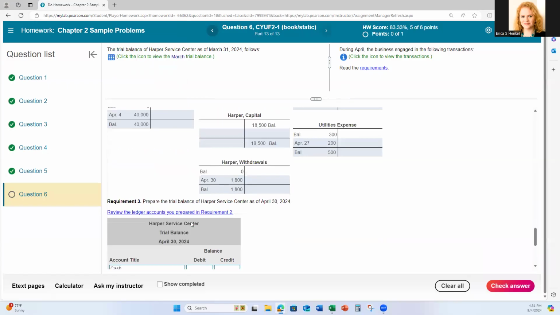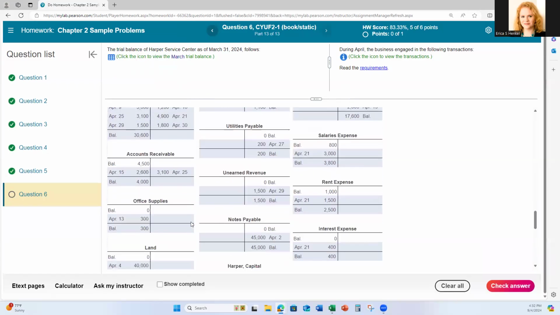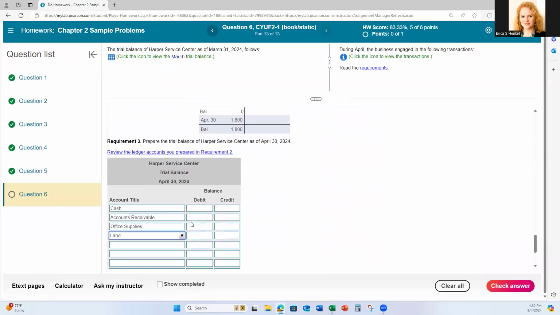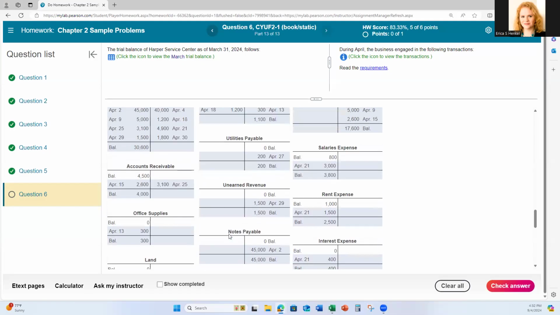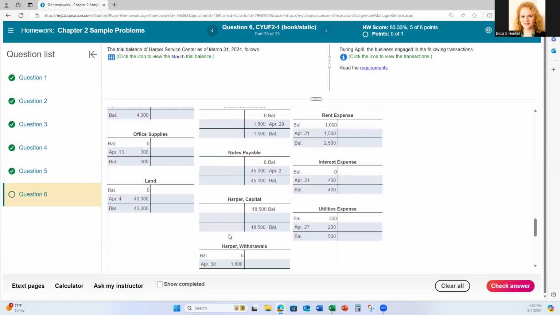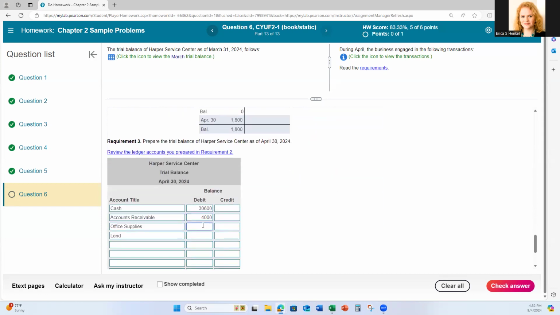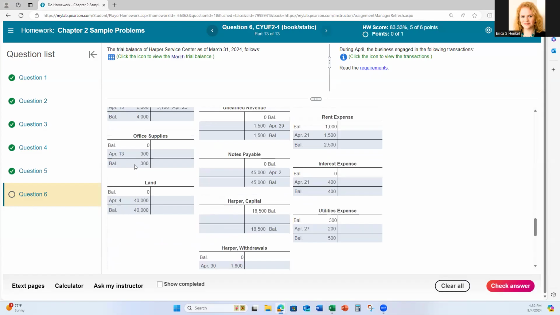And our balances are going to be 3,600, 4,000. Then 340,000. I'm just grabbing the end balances from up here that we came up with, right?